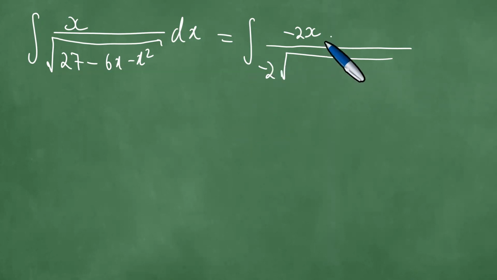Right, so now we put minus 6 plus 6, because minus 6 plus 6 is 0, and then this minus 2 cancels out. So this is exactly the same as the original question, but it has undergone some transformation.